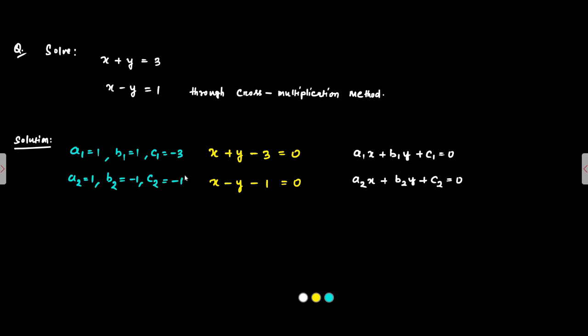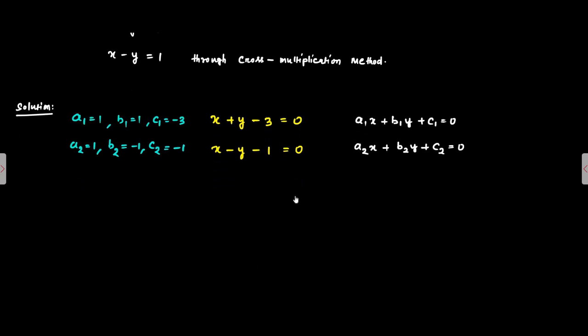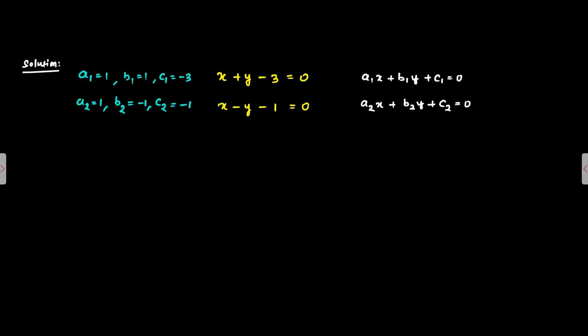Okay. Now for the cross multiplication application format. So first we'll write it in BCAB format. If you want, you can also write it in ABCA format. I will write it in BCAB format. So B1, B2, C1, C2, A1, A2 and then B1, B2 again.